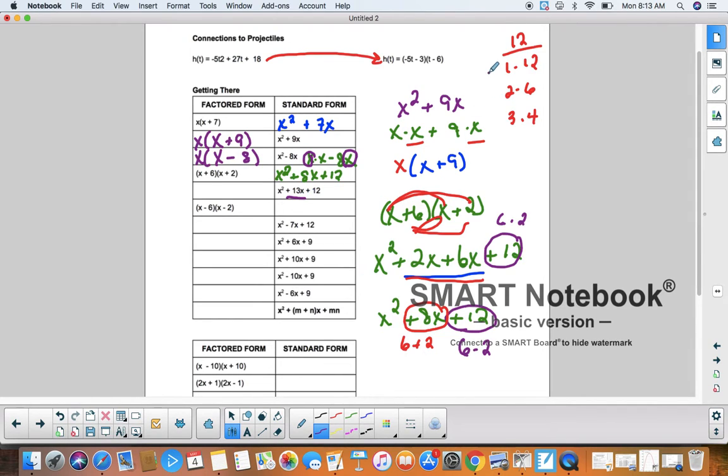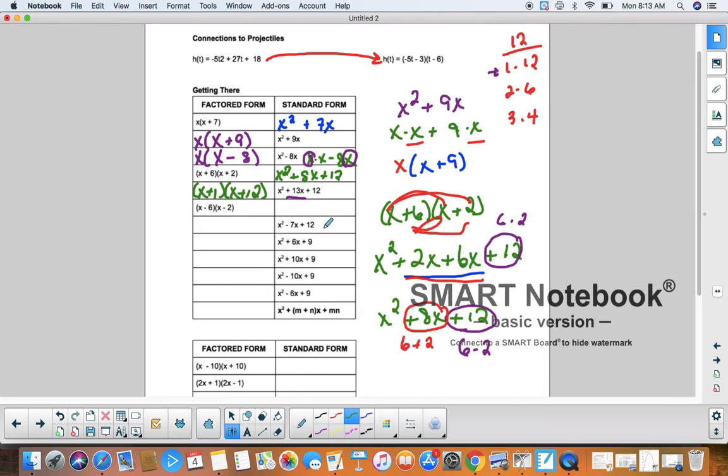Yep, right here, 1 and 12. So those are the numbers we're going to put in our parentheses. We're going to have x plus 1 and x plus 12. And then we check and see, is 1 plus 12 13? Yes. Is 1 times 12 12? Yes.